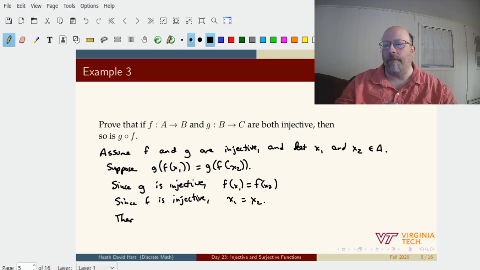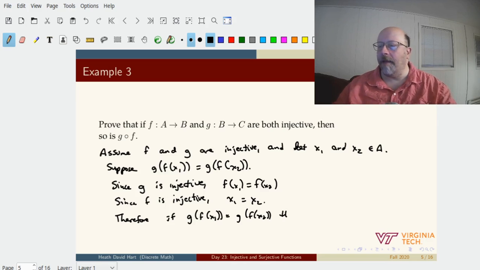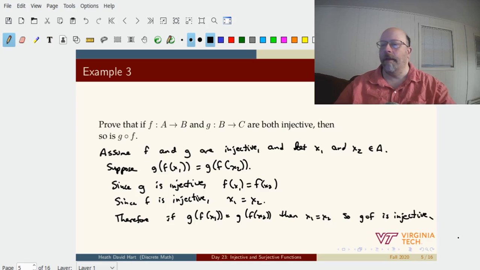And therefore, if G composed with f of x1 is equal to G composed with f of x2, then x1 equals x2, and so G composed with f is injective. Okay?